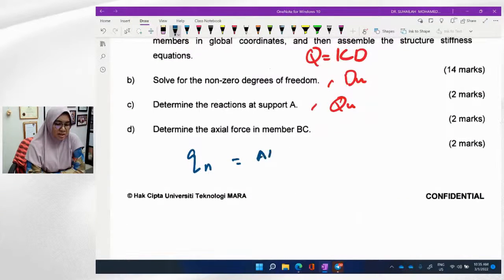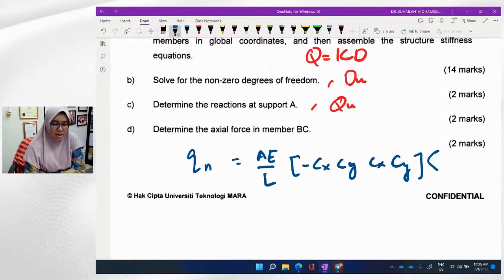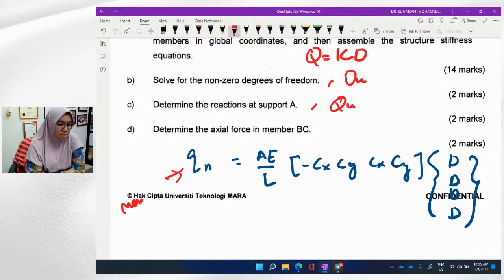Okay, the formula is AE over L, negative CX, negative CY, CY, times the displacement, because this is the member force, member element.